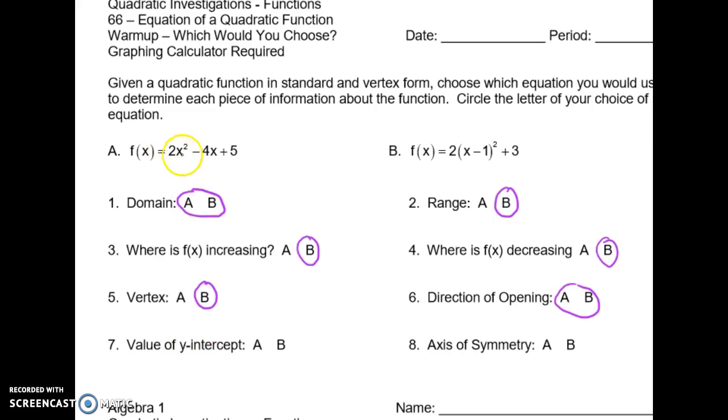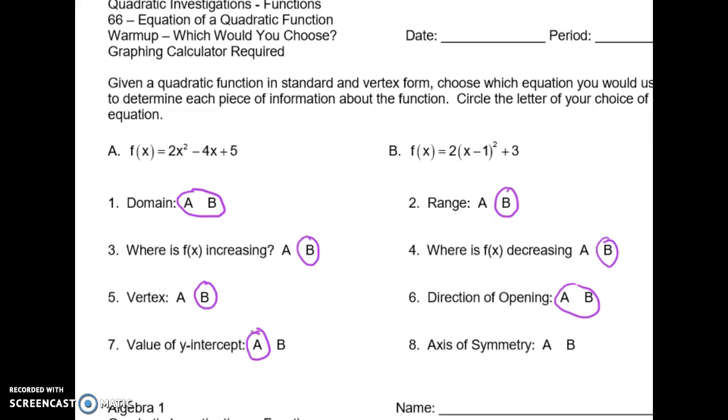So when we plug in 0 here and here, these end up zeroing out and we're just left with 5. It's very easy to calculate the y-intercept because it's just right there. Versus vertex form, where we have to take 0, subtract 1, square it, multiply by 2, add 3, and eventually we get the same thing. So for that, I think the standard form, which is form A, is more beneficial.